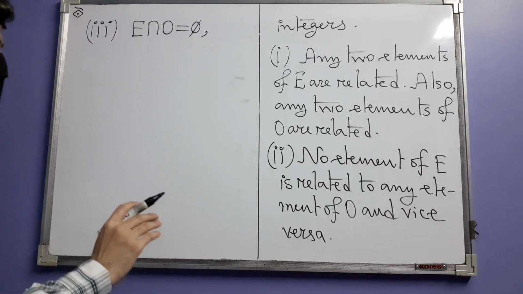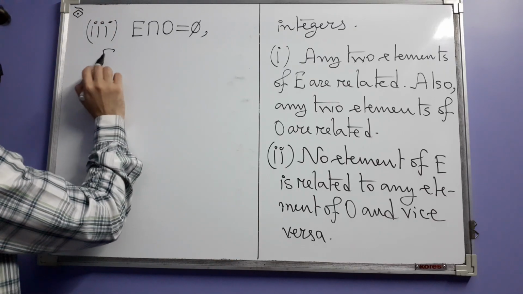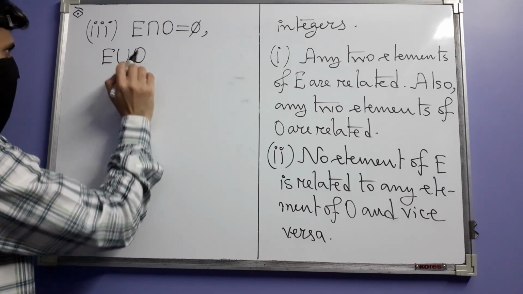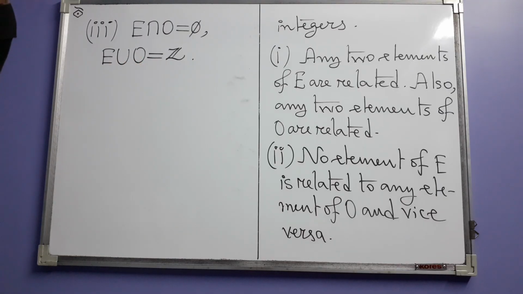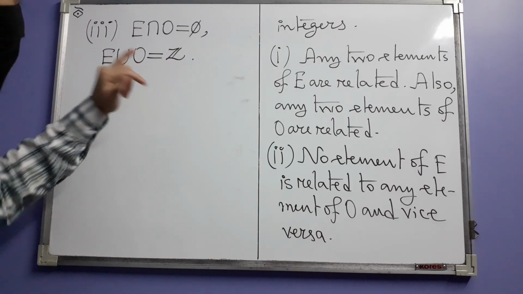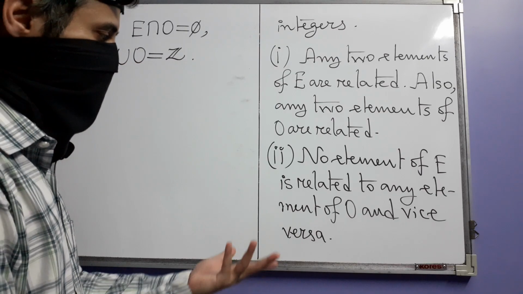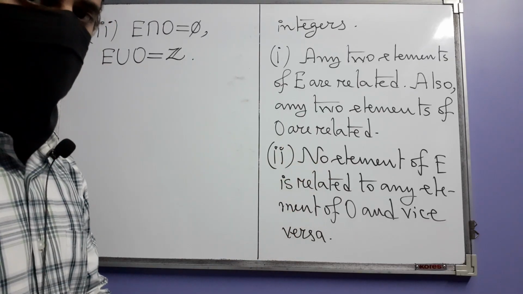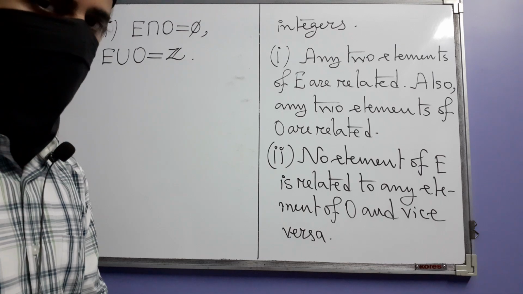There is no integer which is even as well as odd, and their union is the entire set of integers. In other words, every integer is either even or odd. But so what? What is so special about these sets and they are linked to that relation?